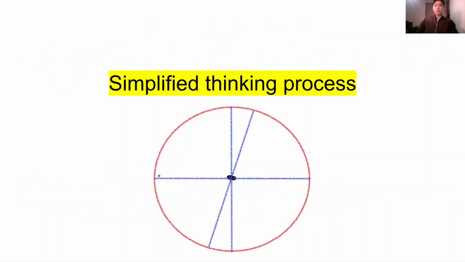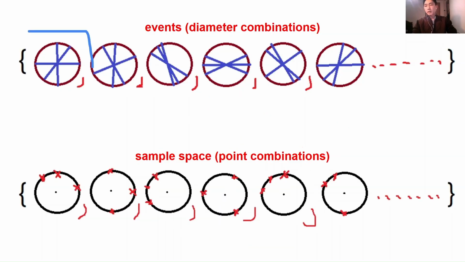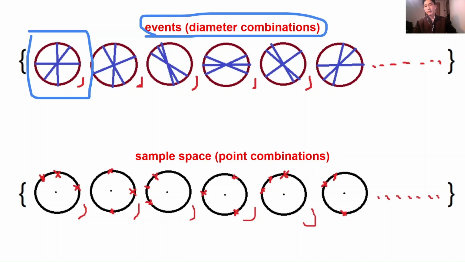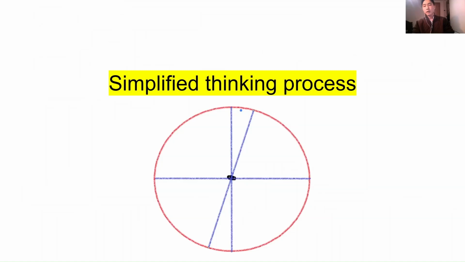We can pick just one of them from this event set, and we call this one event A, and we can also call others event B, event C, event D, whatever.